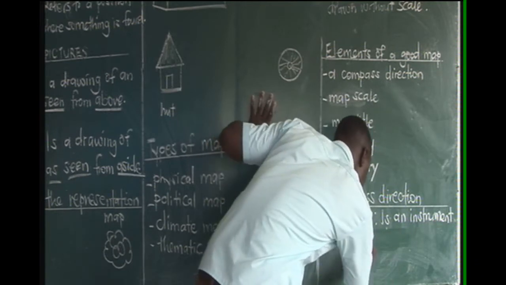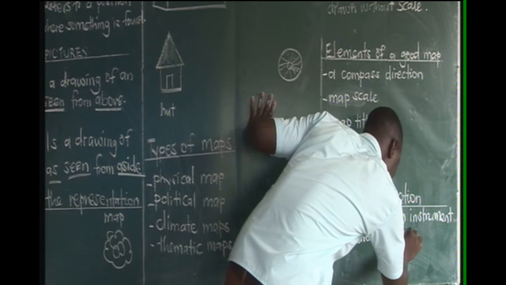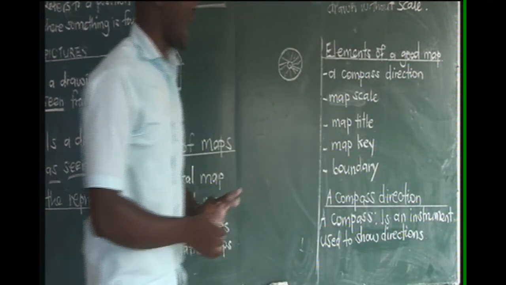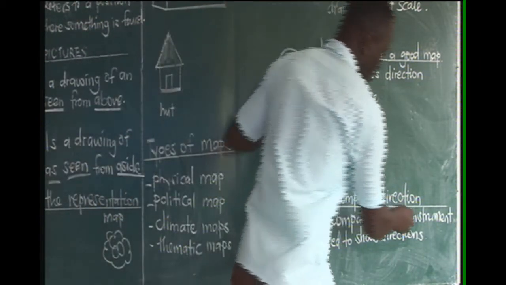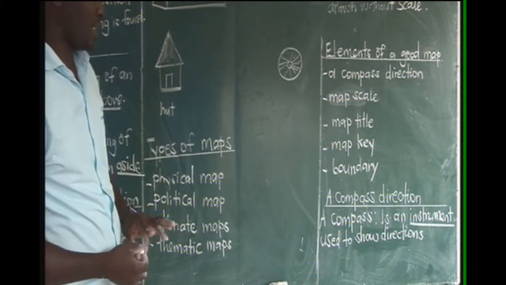That is how we define a compass: an instrument used to show directions of places.